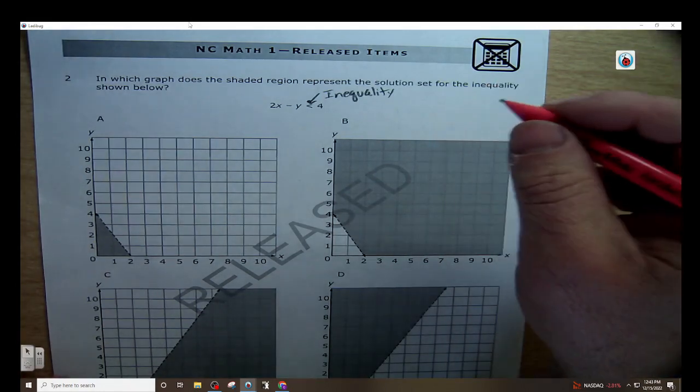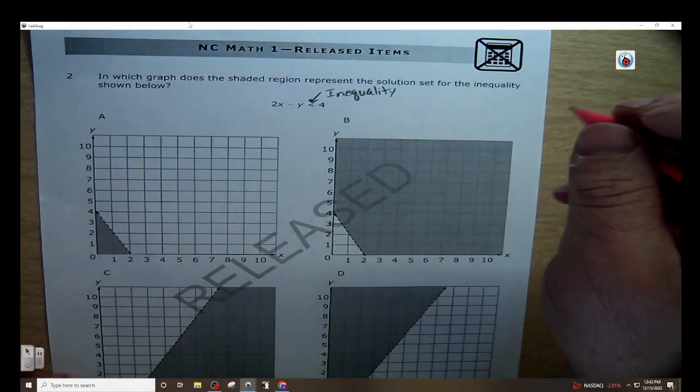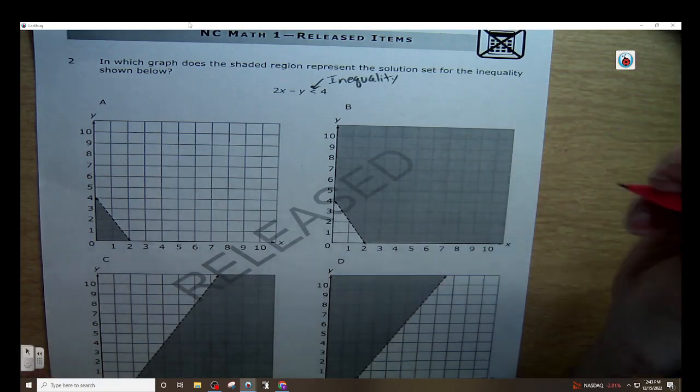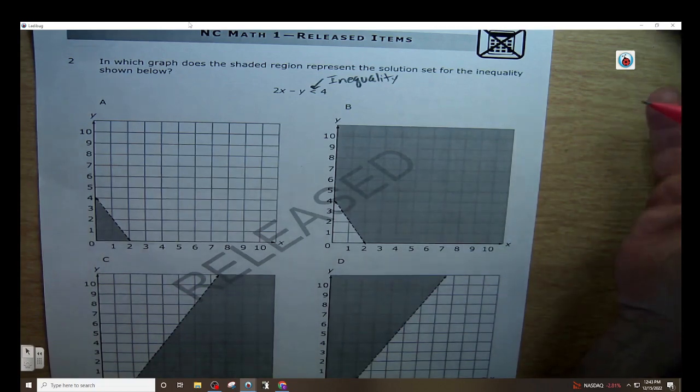Now, if you guys remember, when we graphed linear inequalities, we chose a test point to tell us which side is shaded, and what point made it true. If the test point made it true, you shade the side that the test point is on. If it made it false, you shade the other side. You never shade a false plane.